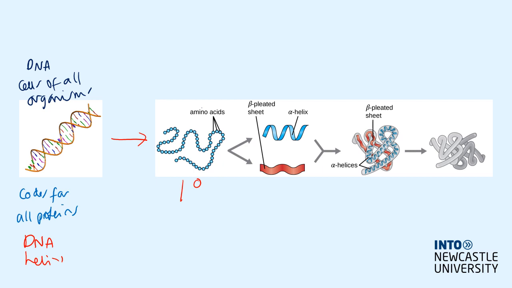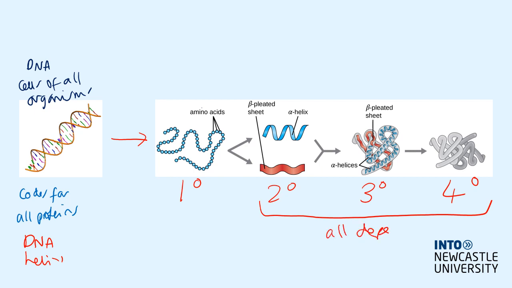Remember, this is the amino acids that are joined together, and then once you've got the primary structure of the protein, that will fold to the secondary structure, the tertiary structure, and even the quaternary structure for some proteins. But secondary, tertiary and quaternary are all dependent on the primary sequence, and the primary sequence is determined by the genetic code embedded within the DNA.